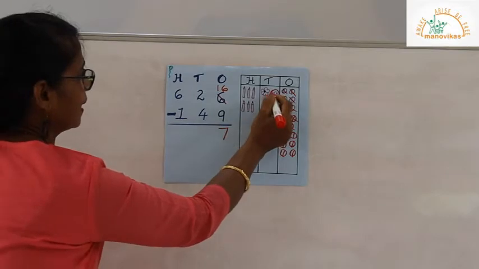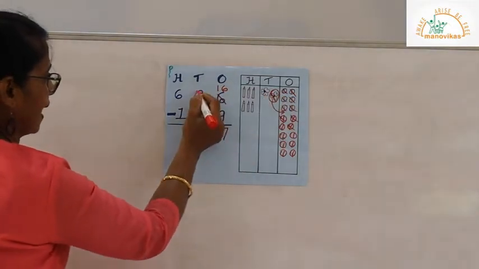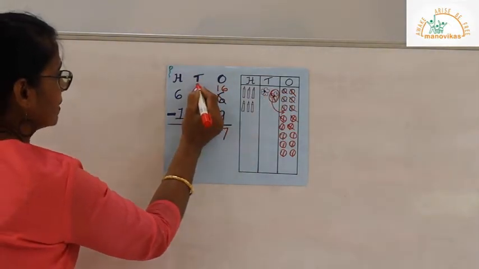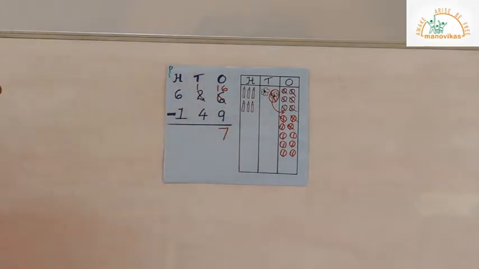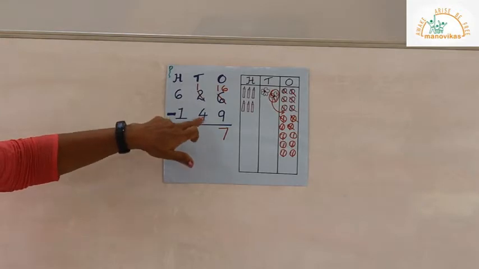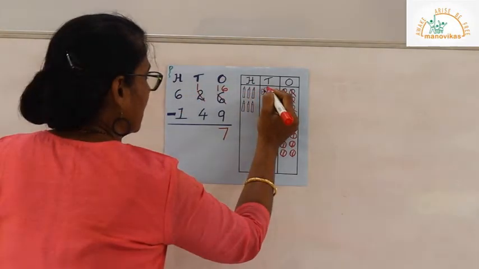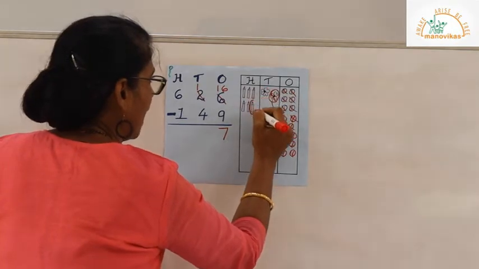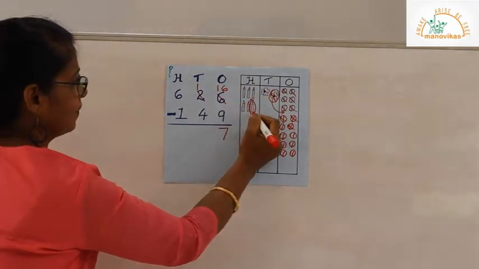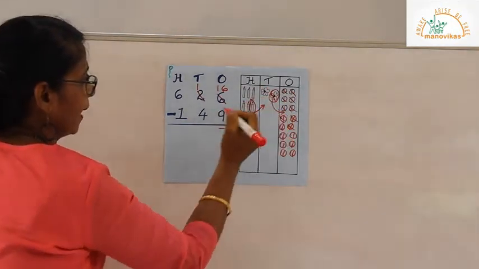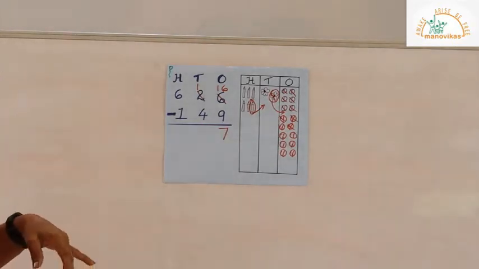Now since we have taken 1 from the 2 tens, only 1 remains here in the tens place. And we cannot subtract 4 from 1. So what we're going to do is take from 100. And when we take from 100, we get 10 tens.